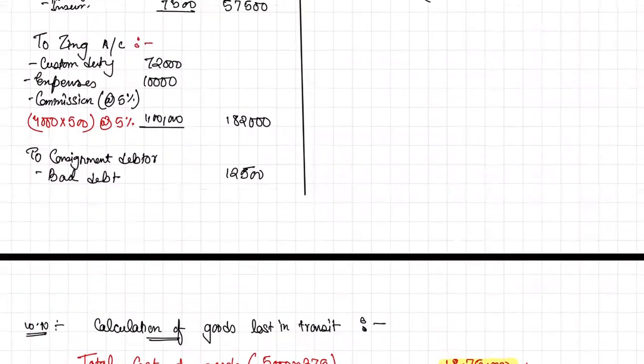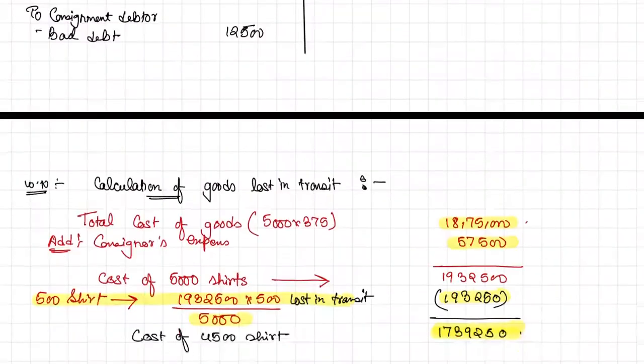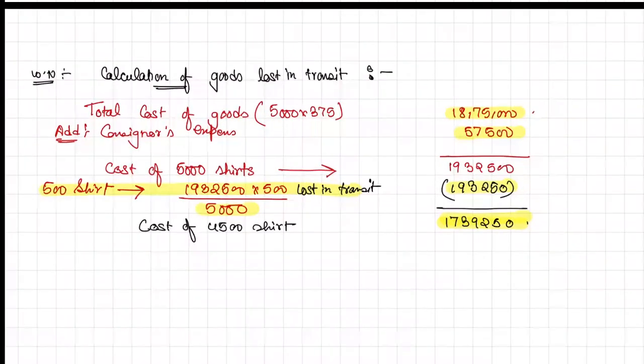But now, here when we add consignee's expense, we write add consignee's non-recurring expenses.